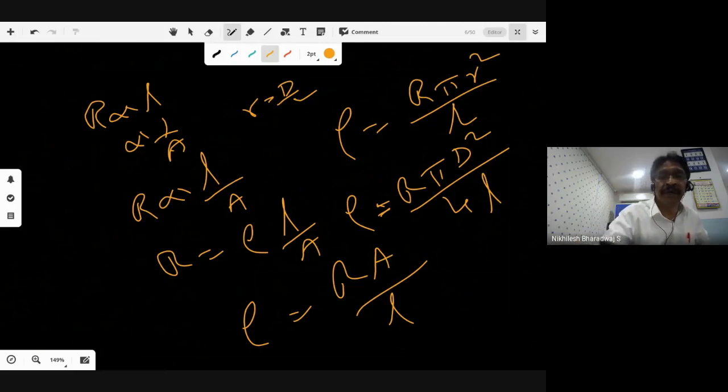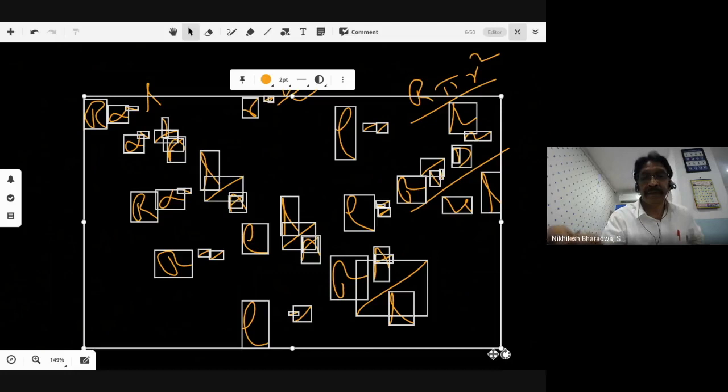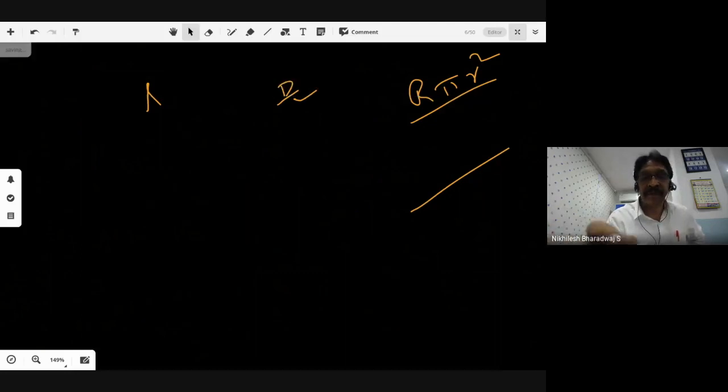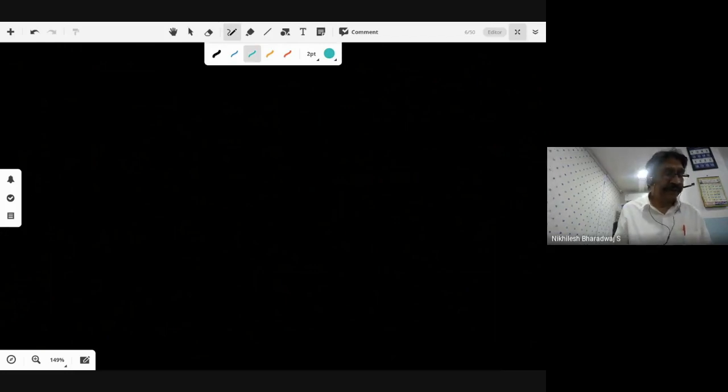What is the problem here? A wire of 4R is bent in the form of a circle.